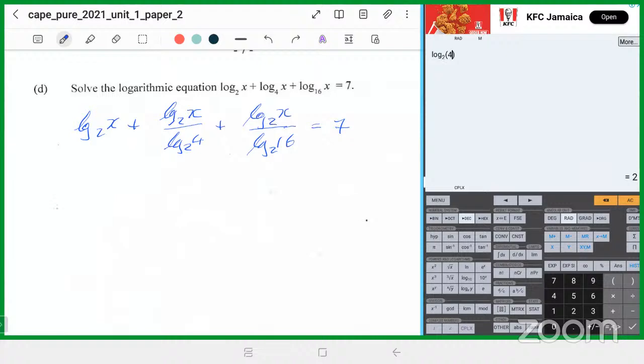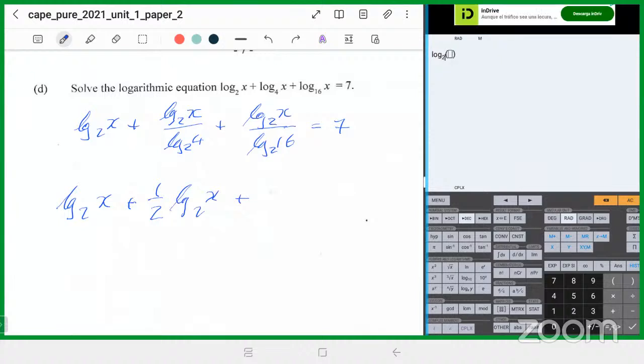All right, so the equation becomes log to base 2 of x plus, this becomes a 2. So divide by 2 is the same as taking a half. So I'm going to write half of log to base 2 of x plus, and then this is now going to become a 4. If I look at it, log base 2 of 16, that's a 4.